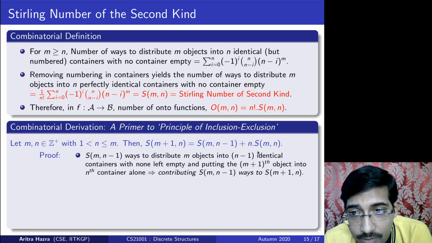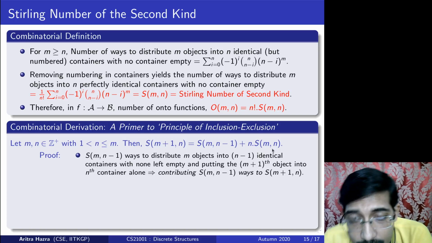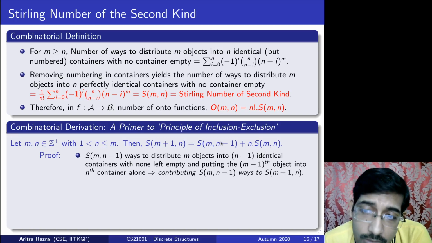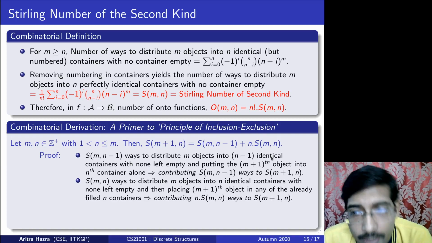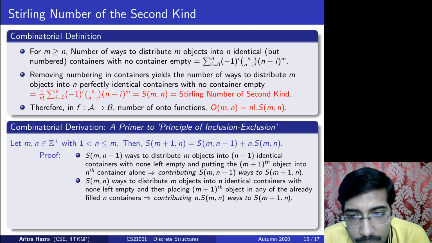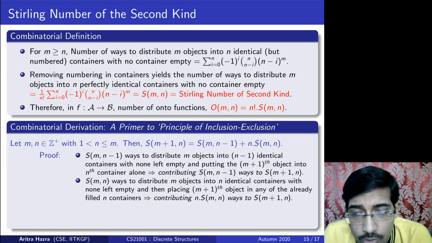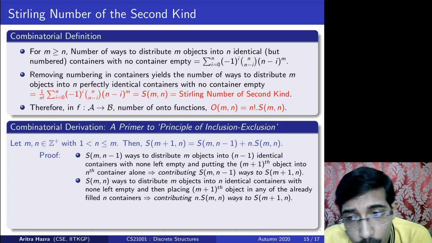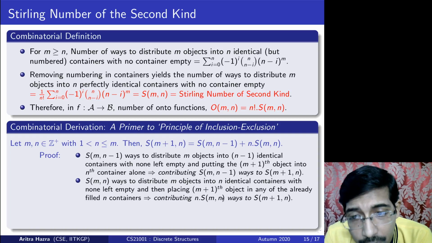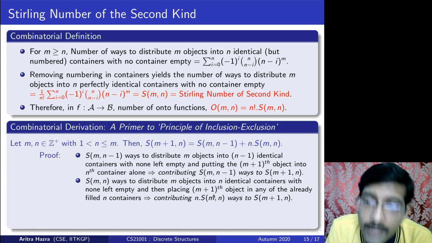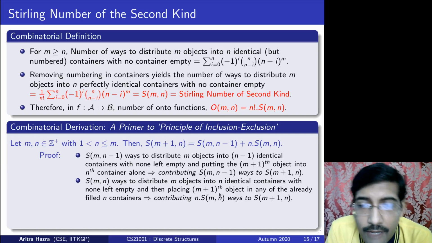However, if we do not allow that last container, the other option is that I just distribute m objects into n identical containers. Now the m plus 1th object I can put in any of these n containers. So it results in n ways to put this m plus 1th object. I can have the m plus 1th object in the first, in the second, or in the nth container.